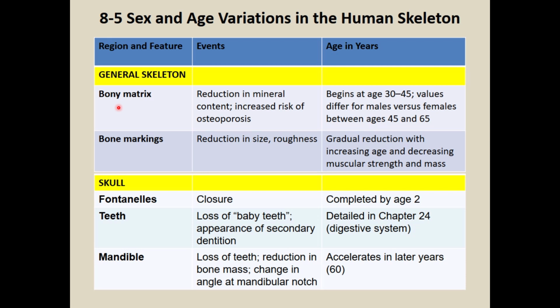It roughly starts around age 35, and it's a lot more in women than men. So about 1/3 of women and 1/5 of men will have osteoporosis by age 60 to 65.